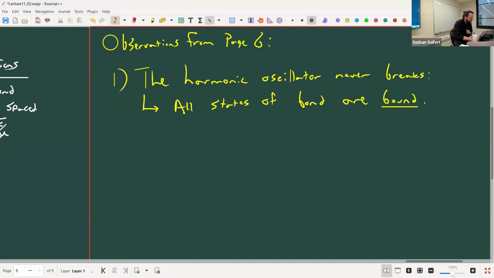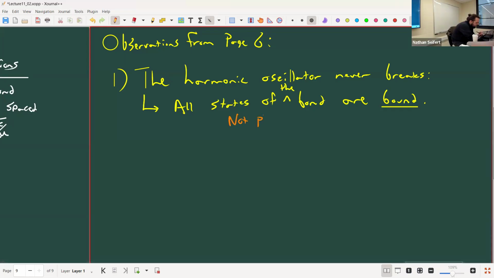That's a really terrible way to say that, but all states of the bond are bound. An unbound state would be where the two atoms are not connected anymore. They're always bound up to infinite energy. This is not physical. All bonds must break. They better.